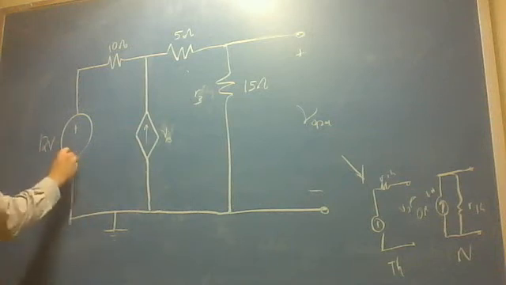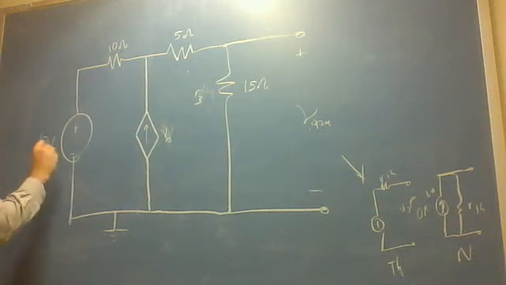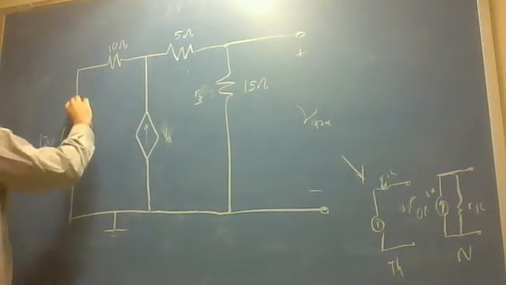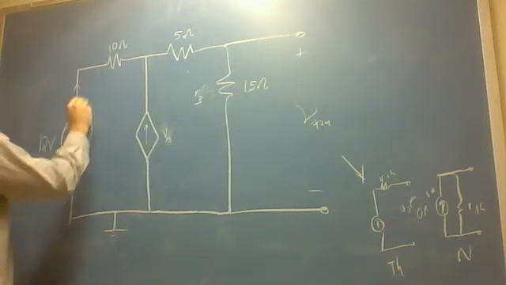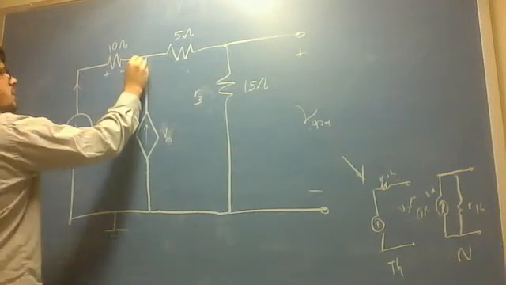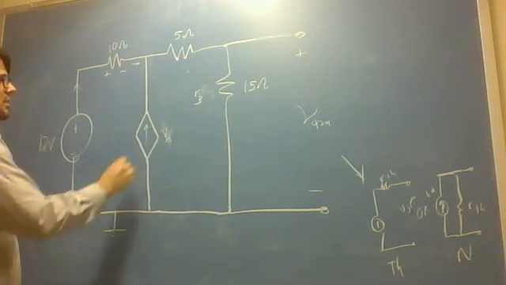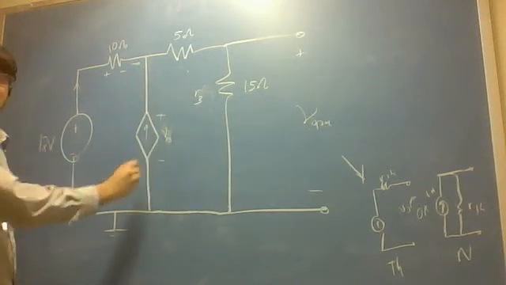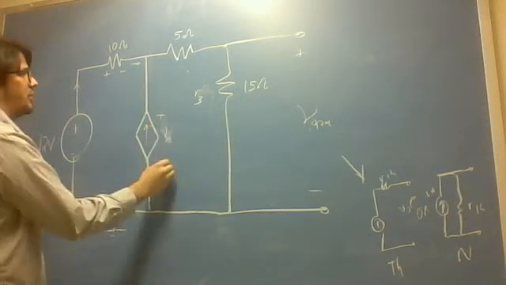So we already know the polarity for the 12-volt independent source. But what about this? Well, we assume that the current's going to come out from positive. So we're going to say this is positive and negative, right? And so current's going to try to go this way. And we already know the direction for this, because remember what I said in the last video? We have a positive here and a negative here.